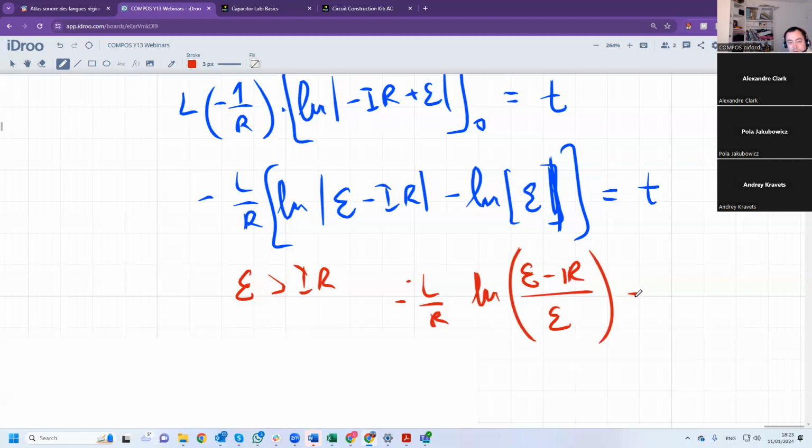So (E minus IR) over E is equal to e to the power minus R over L t.